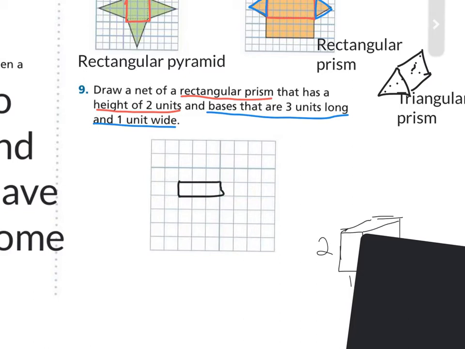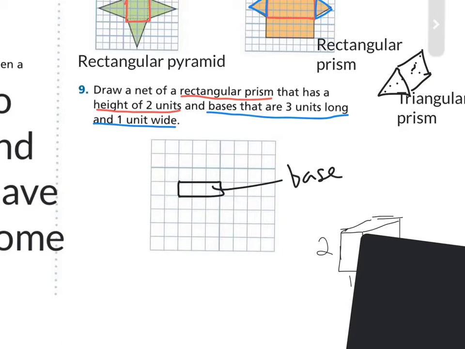So this could be a base. What's going to happen then is there will be a side next to that base. The sides have a height of 2 units. So we just go right next to this base here. We have a side.